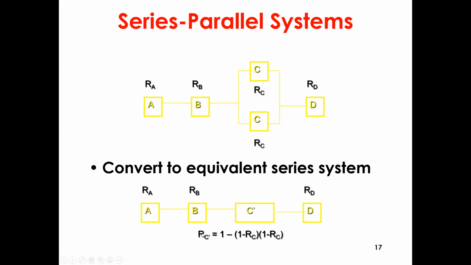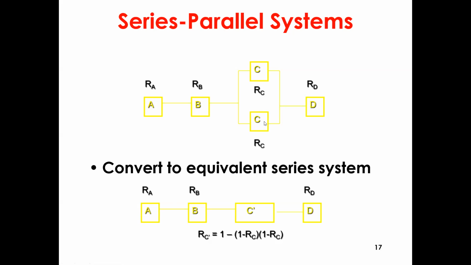The result is that this has now been resolved to look like this. Therefore, all of them are now in series. And as they are now in series, I can multiply this by this, and the reliability here and this one, and I'm going to have the reliability of the system. So like I said, if you have a combination of series and parallel connections, you need to start with the parallel connection.